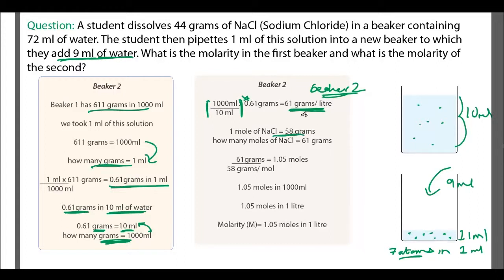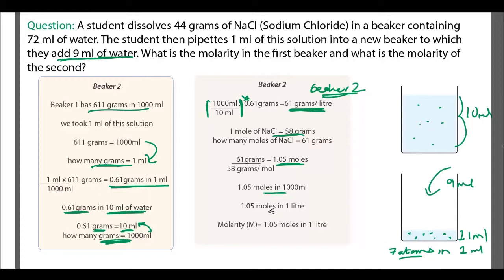Now, if 1 mole equals 58 grams and we have 61 grams, we know we've got approximately 1 mole. But if we do the calculation, 61 grams divided by 58 grams per mole, we can see here we've got 1.05 moles in 1,000 mils.